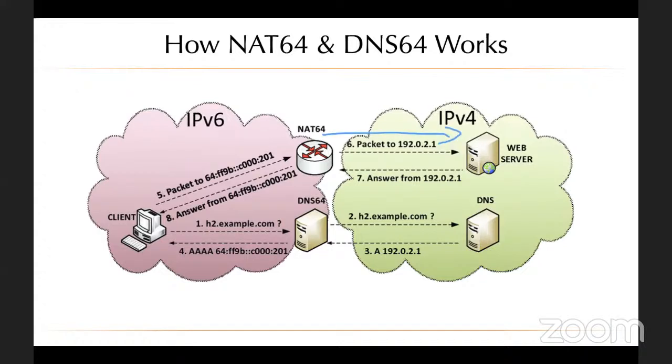So remember, when it's doing the translation on the NAT64 device, you're going to configure pools of addresses, v4 pools that will be used to translate your source IPv6 address to an IPv4 address. Remember, the client is v6 only, right?